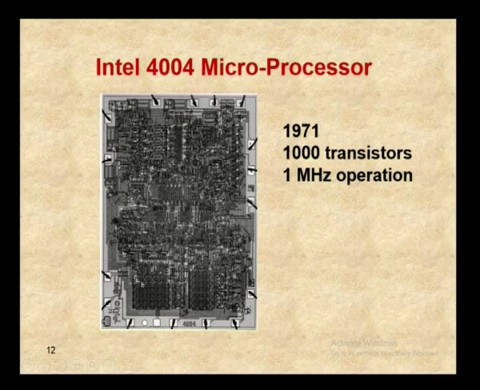So, this is the photograph of what is inside a 4-bit microprocessor. It contained 1000 transistors, and the frequency of operation was 1 megahertz. That really started things rolling, and people were improving the technology further and further, pushing more and more transistors inside.